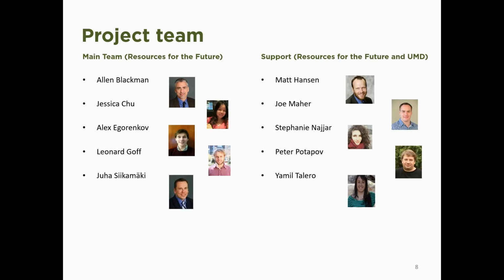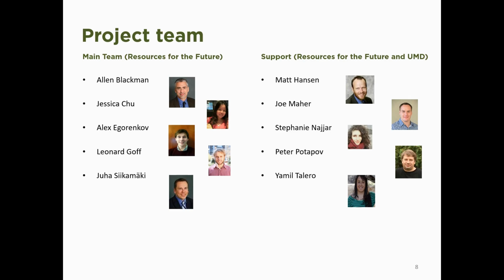So building these tools has been a team effort, and before starting to describe them, I just want to make sure to give credit to the folks that were on this team. The main team consisted of 4 folks who at the time were at Resources for the Future, which is a nonprofit, nonpartisan environmental policy research institute in Washington, D.C. Those folks were myself, Alan Blackman, Jessica Chu, Alex Igorenkov, Len Goff, and Juha Sikamaki.